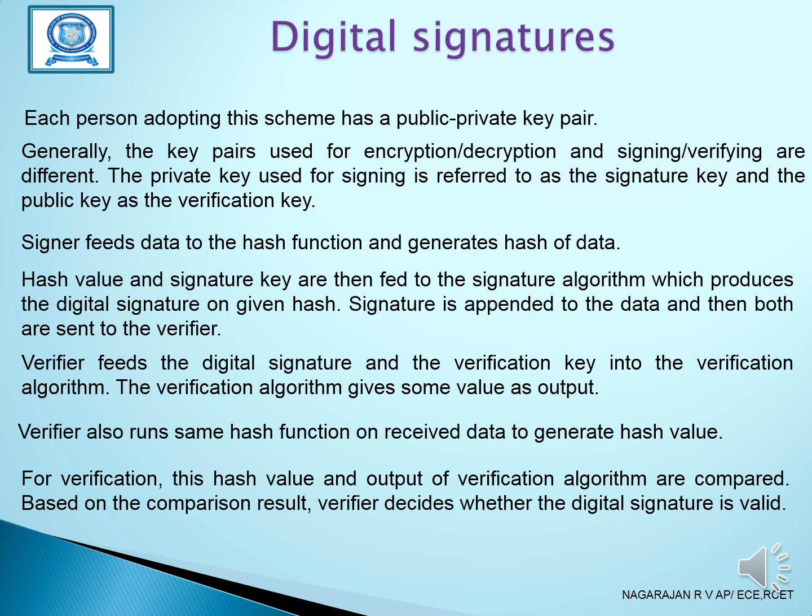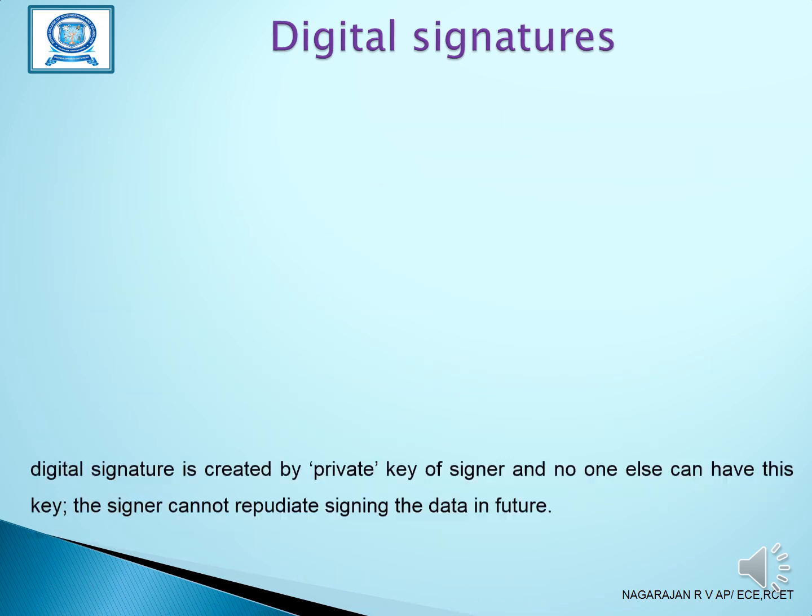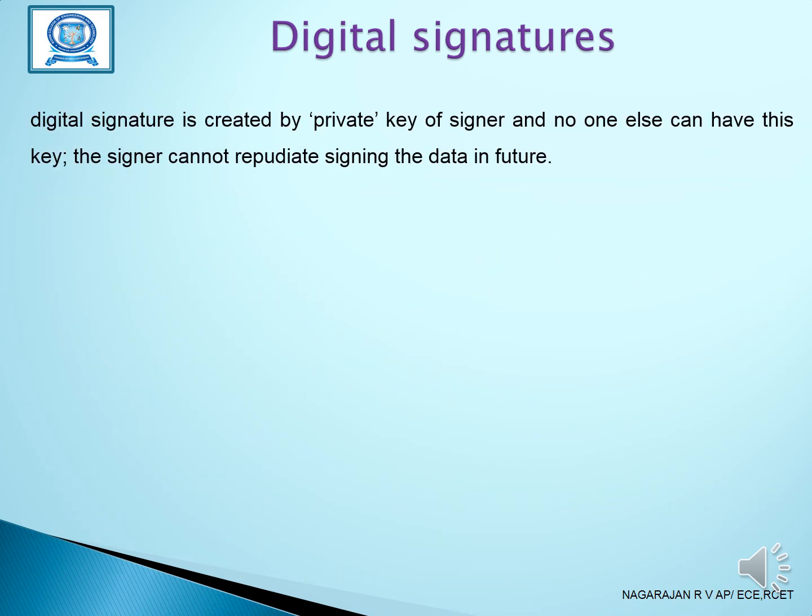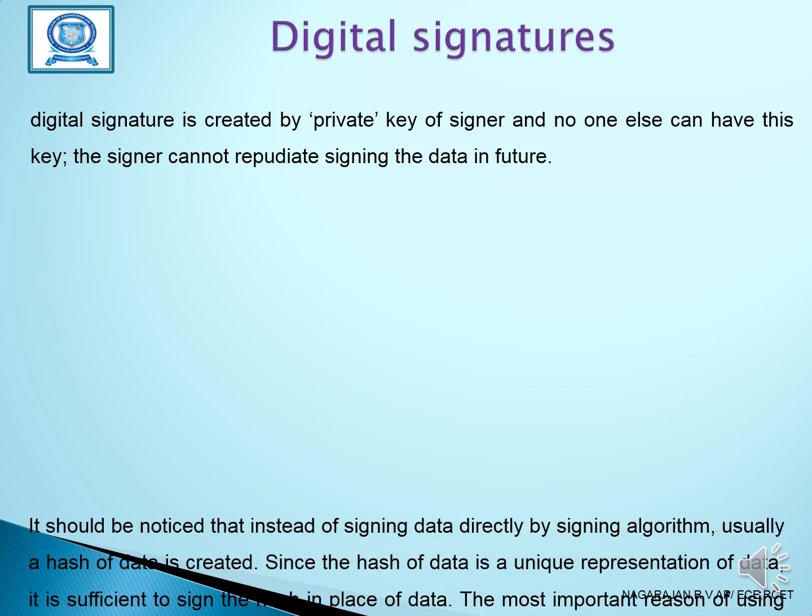Based upon the comparison result, the verifier decides whether the digital signature is valid. The digital signature is created by the private key of the signer and no one else has this key, so the signer cannot deny signing the data in future.